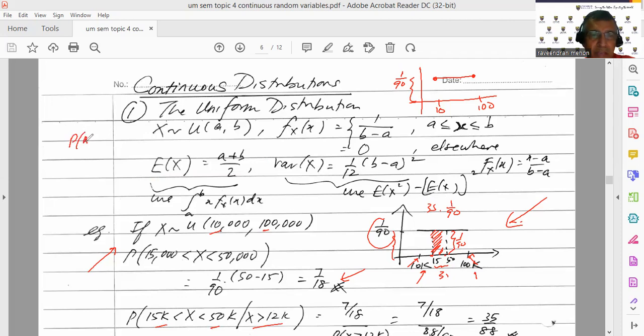Remember, A given B will be the intersection, A and B, over the probability of B. So the denominator here will be the probability X is bigger than 12. If you mark in here 12, they want the region bigger than 12.